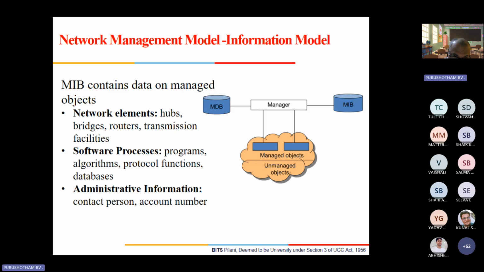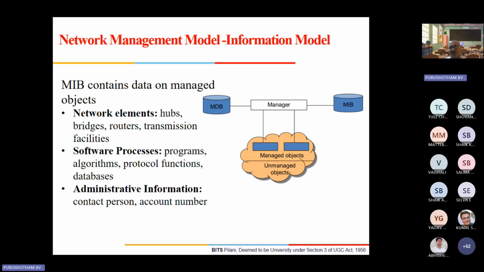The MIB contains data of the managed devices or managed objects. One is the network elements like hubs, bridges, routers, and transmission facilities, which are called network elements, including nodes also.